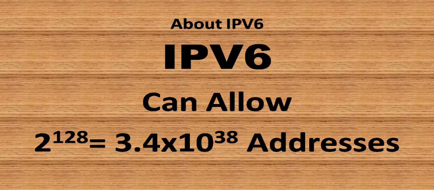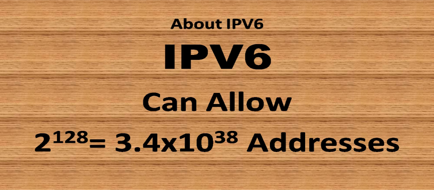So in future, if the world population gets more than this number, which number? 3.4 multiplied by 10 raised to the power 38. So we will have to change IPv6 to another latest version.